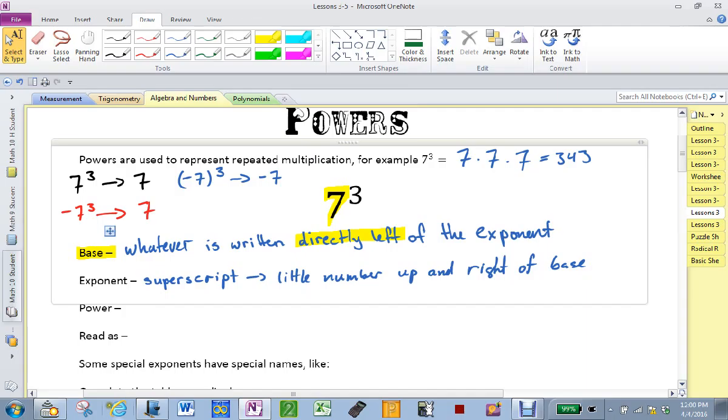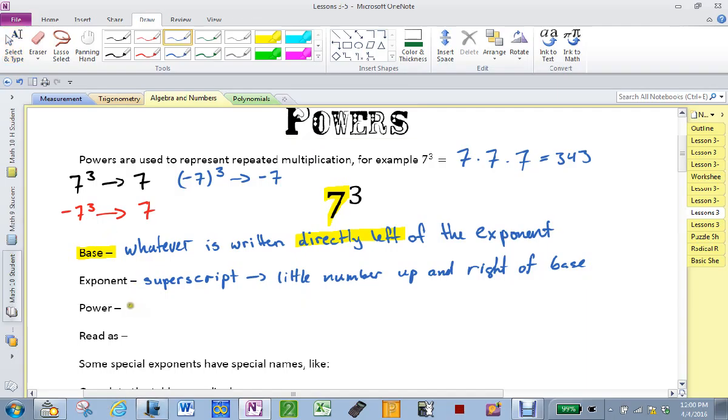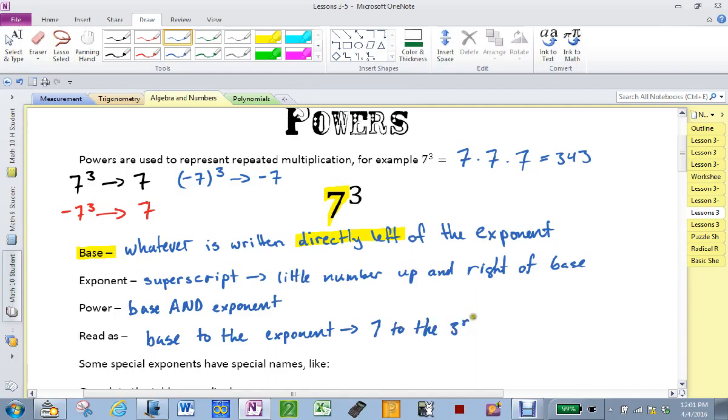All right. The power is the base and exponent, and we read it as base to the exponent. So in this case, 7 to the third. Okay? What are the only two that have special names?